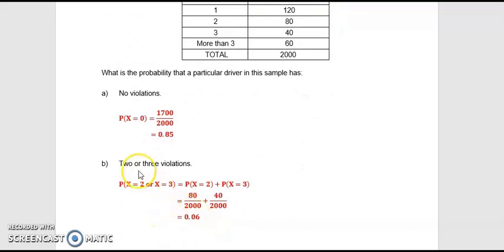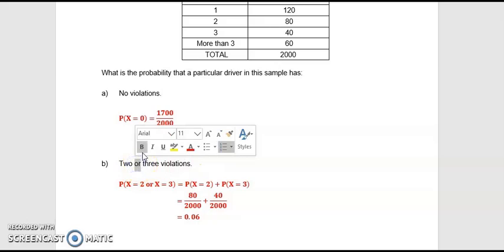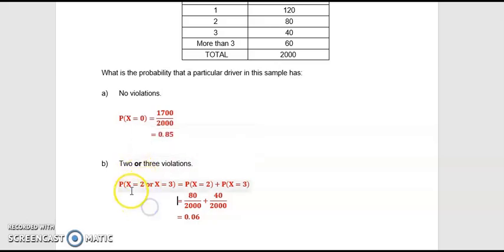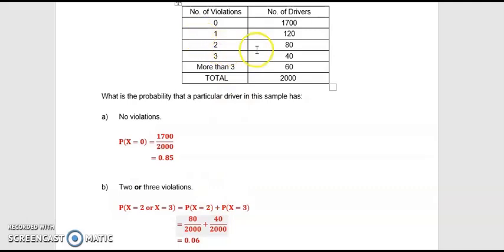Question B. 2 or 3 violations. Probability of 2 or 3 violations. Now we want to find X equals 2 or X equals 3. For this one, with or, we apply the addition rule. So probability of X equals 2 is frequency 80 divided by total 2000, plus X equals 3, frequency 40, again divided by 2000.